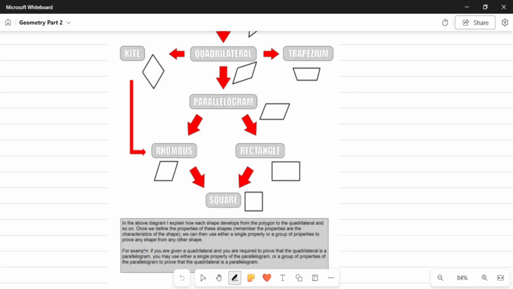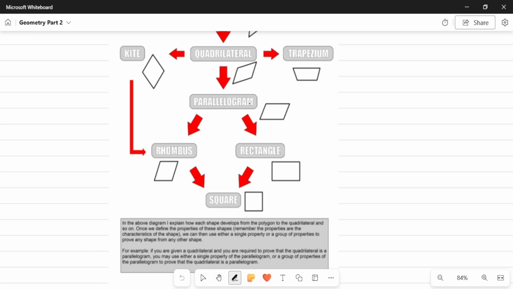Right, so let's look at an example to make sense of what we've just said. If you're given a quadrilateral and you're required to prove that the quadrilateral is a parallelogram. So let's say that this here was given in your exam paper. Right, they don't tell you that it's a parallelogram. They call it a quadrilateral. Remember, this is a quadrilateral. It's a 4-sided figure.